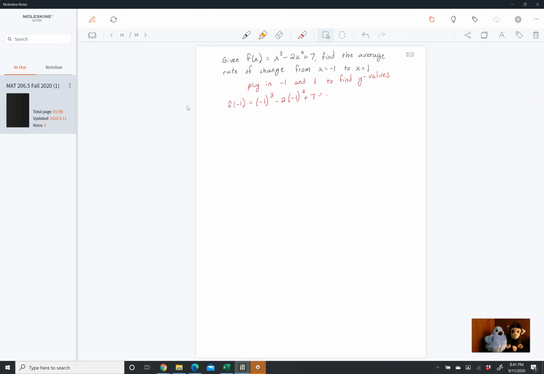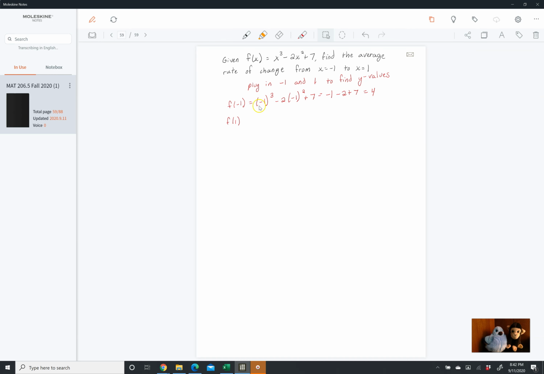So -1 cubed leaves us with a -1. -1 squared is a +1, so -2 times 1 is -2. Plus 7. And this gives us a 4. Negative 3 plus 7 is 4. Now we're going to do the same thing for f of 1.